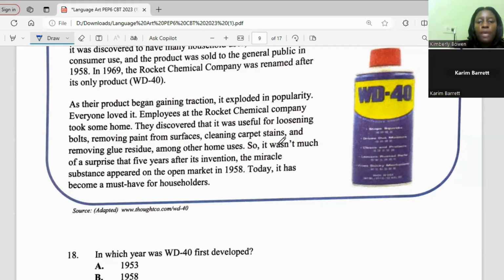So it wasn't much of a surprise that 5 years after its invention, the miracle substance appeared on the open market in 1958. Today, it has become a must-have for householders.